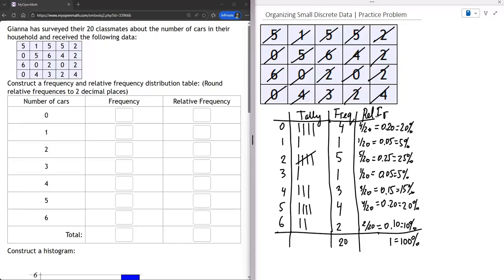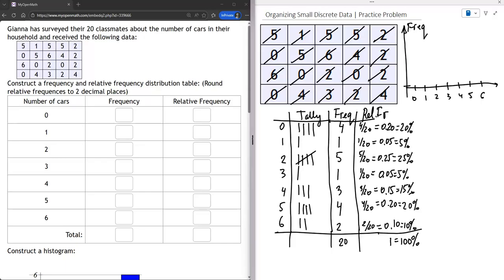Next thing we're going to do is to construct a histogram. So to construct a histogram, we're going to list all the values on the x-axis. And then we're going to add the frequency scale on the y-axis.